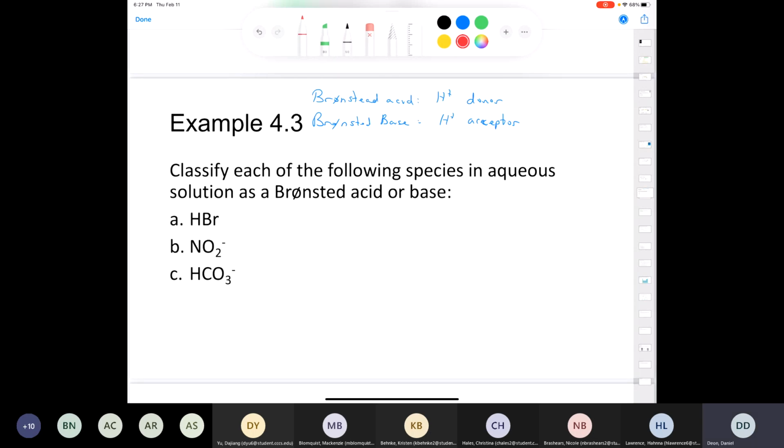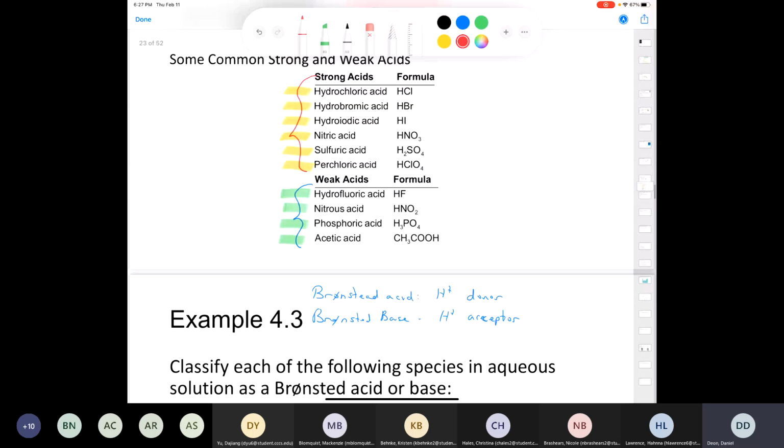Would HBr be a Bronsted acid or a Bronsted base? Thanks, Christina. Yeah, HBr would be a Bronsted acid, because we know that HBr is a strong acid. It was on the last slide.